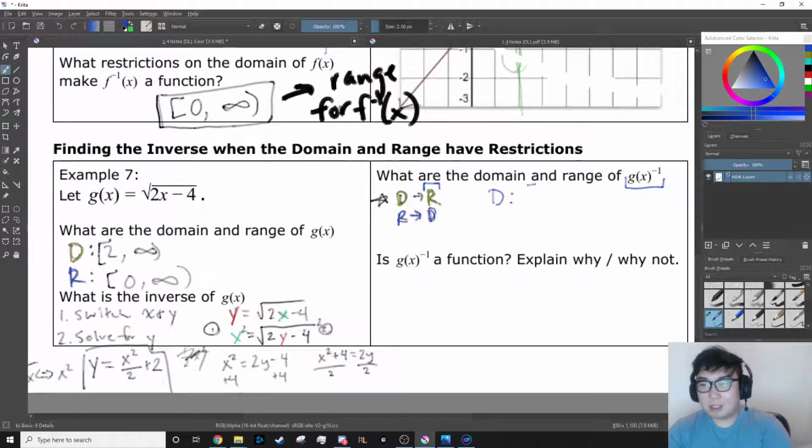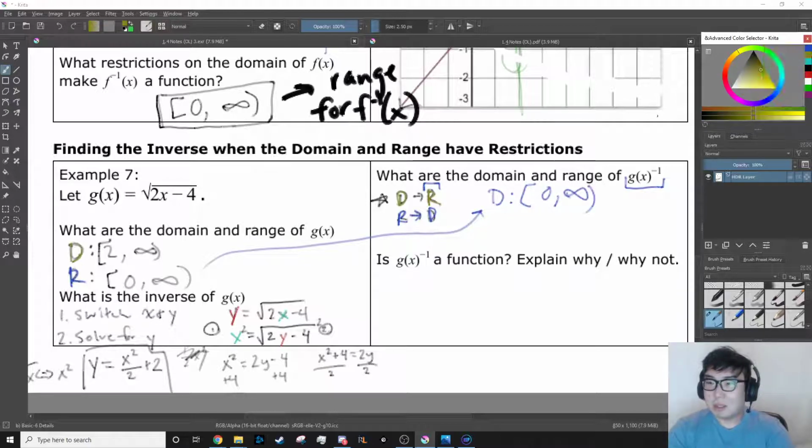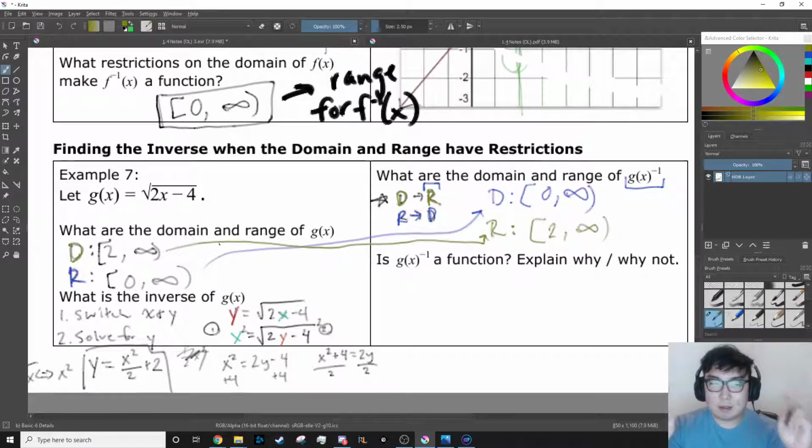My domain becomes 0, infinity because of this right here. It just switches, but it still keeps its values. That means that my new range has to be the exact same thing, but just different. So this is gonna be literally 2 to infinity because it is the rule of our domain and range switching.